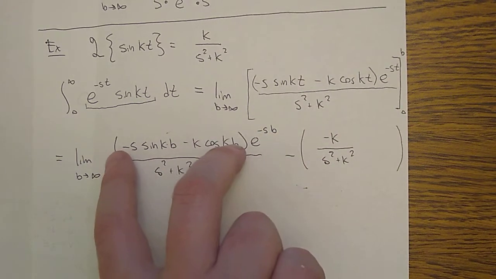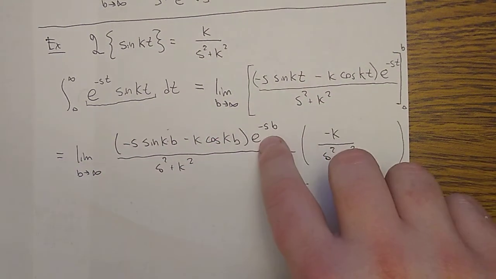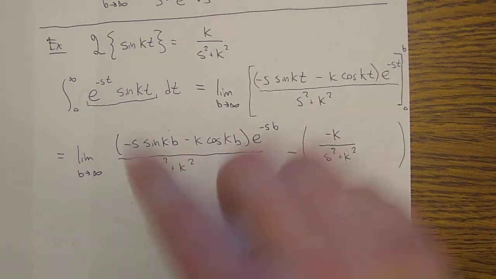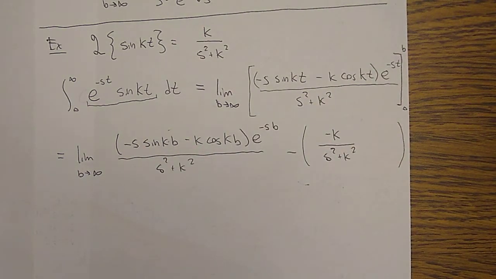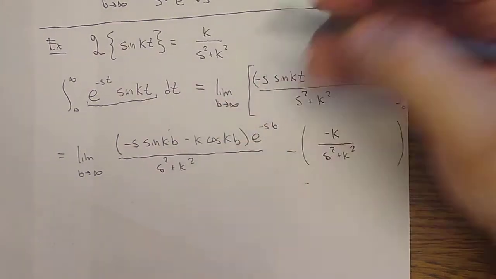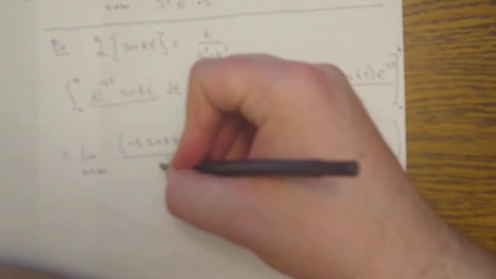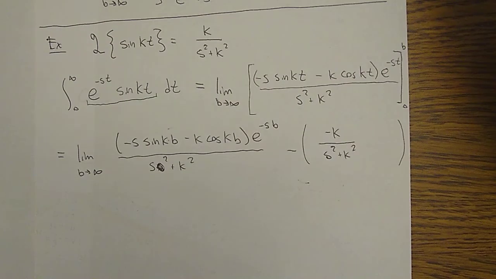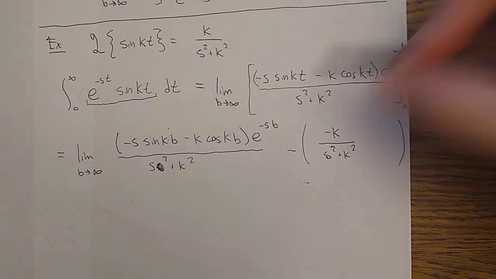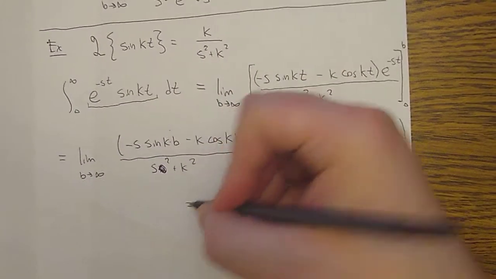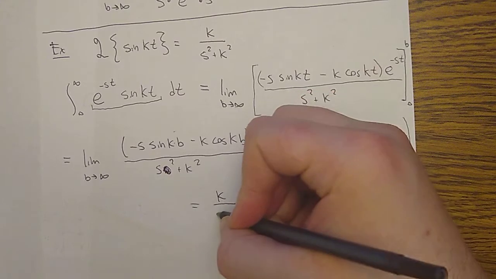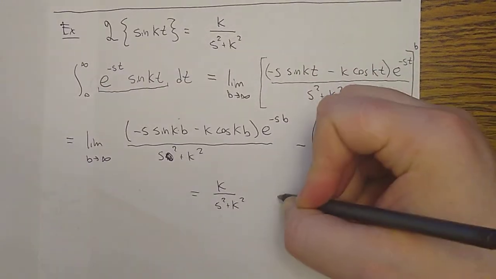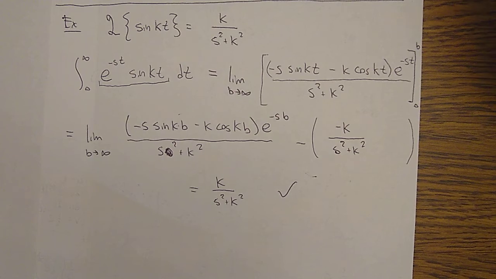Right? So here I have something that is not very big, and it's getting multiplied by something that's going to 0. The denominator is literally just a constant, because the variable here is b, and b is going to infinity. By the way, this s looks terrible. So this part does go to 0, and we just get this part. All right, good. So hopefully you believe enough that the table is accurate. We checked 3 entries at this point.